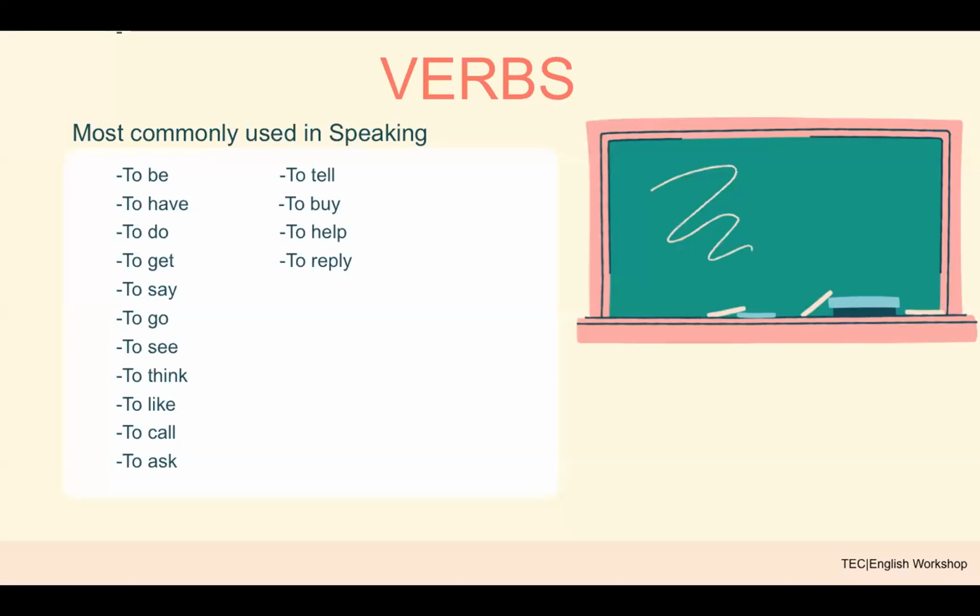To see, to think, to like, I like, he likes. To call, I call, you call. To ask, I ask, he asks, she asks, you ask. To tell, to buy, to help, and to reply. So I'm guessing you know these verbs. These are one of the main verbs that we use in speaking.